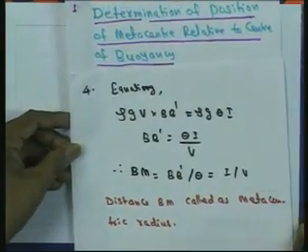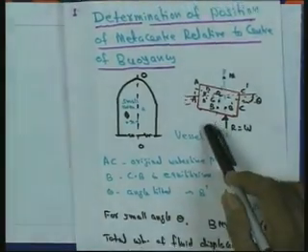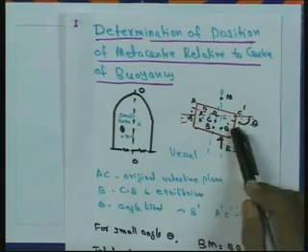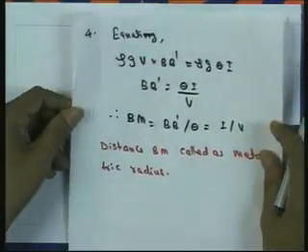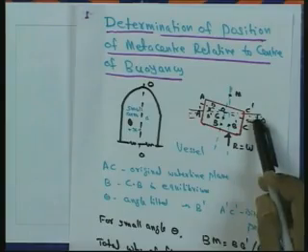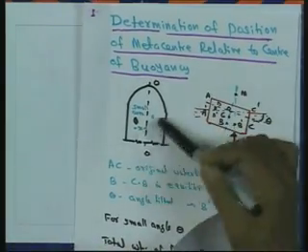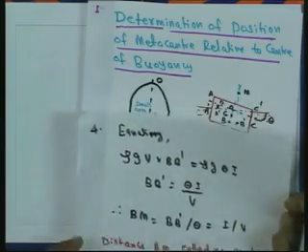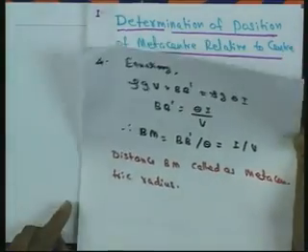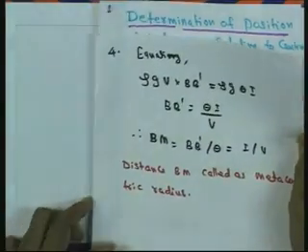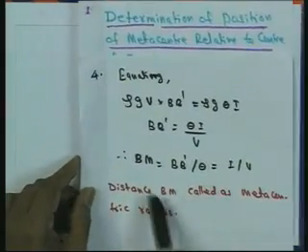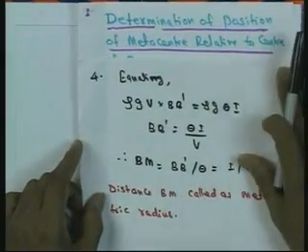So, BB dash is the distance from the old position of the center of buoyancy to the new position. BB dash is equal to theta, the angle of displacement, into I, the second moment of area, divided by v, the volume of the liquid displaced. And then finally we get BM, that is what we are looking for.